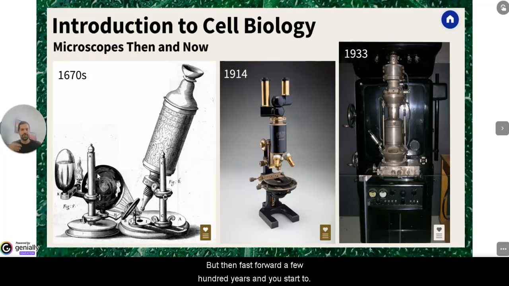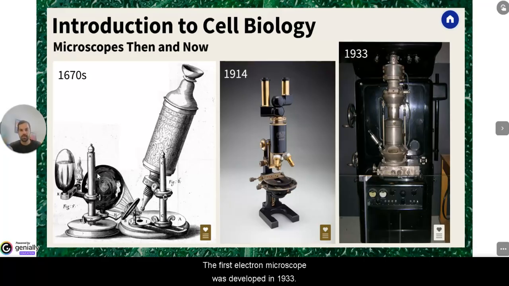But then fast forward a few hundred years and we have developed this technology into something a little more like the compound light microscopes we see today, where you have multiple objective lenses you can rotate into place. And then, of course, there have been further technological innovations.